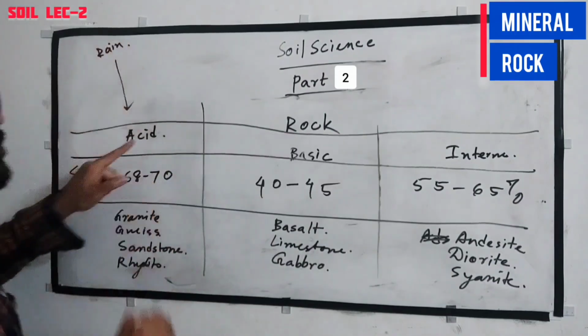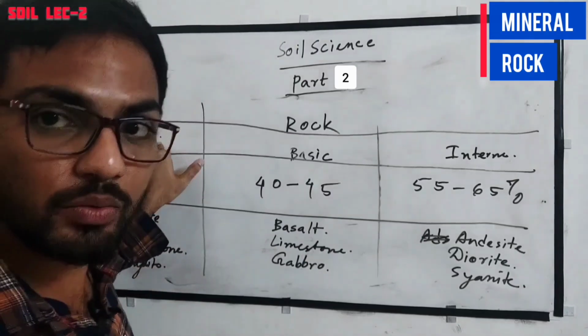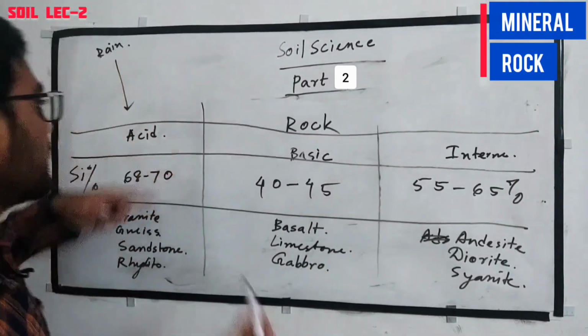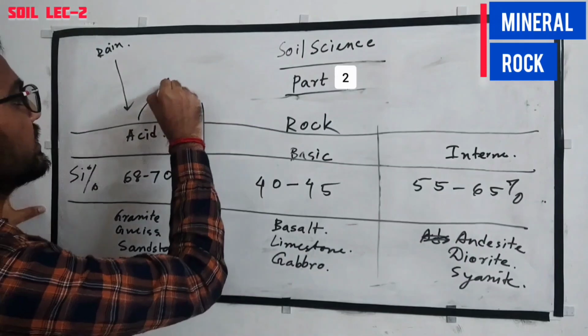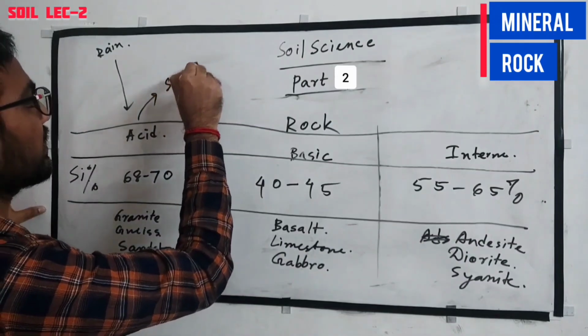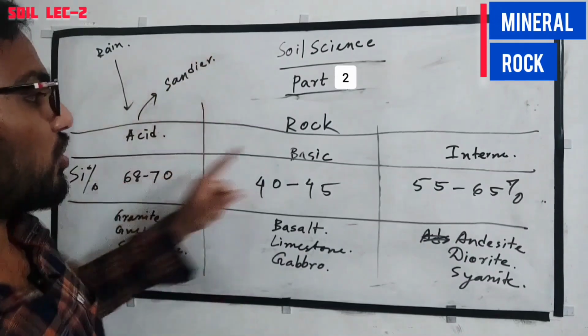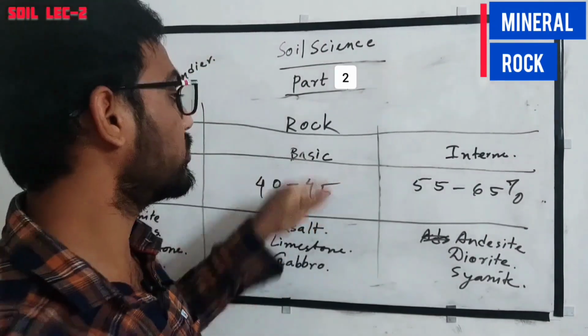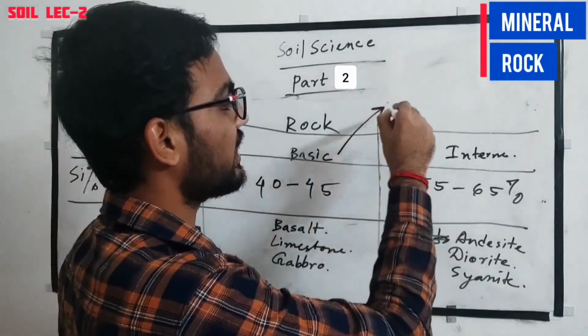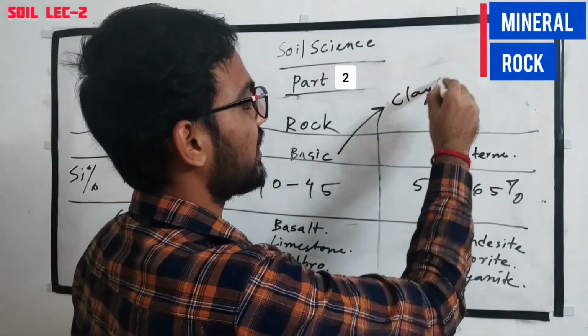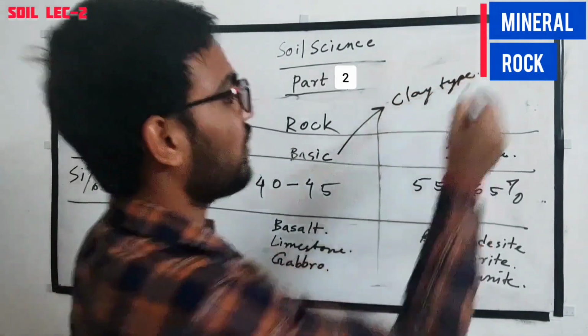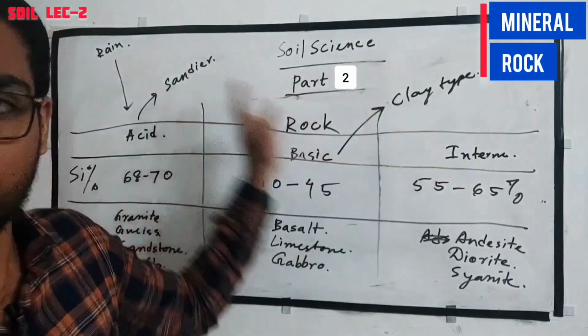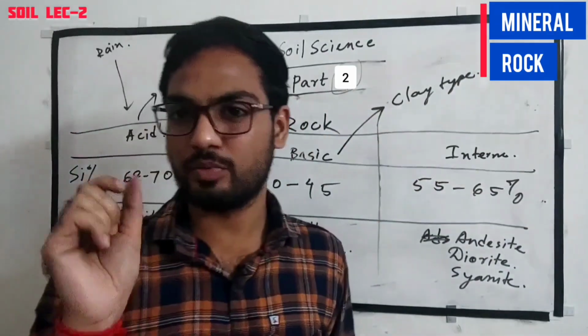So suppose rain occurs on acid rock; then weathering will happen, and this will form soil, and that soil will be sandy type. But in the case of basic rock, when hydrolysis or rain happens, the soil formed is clay type.